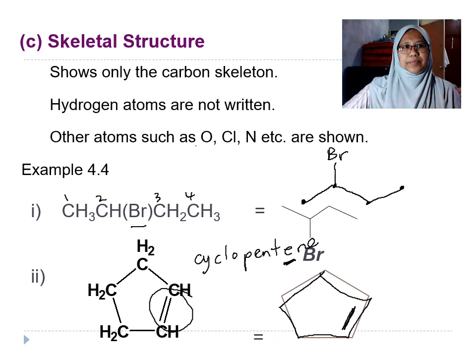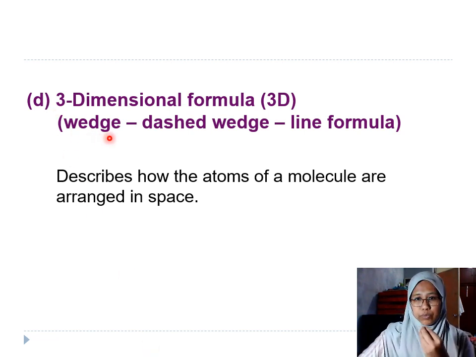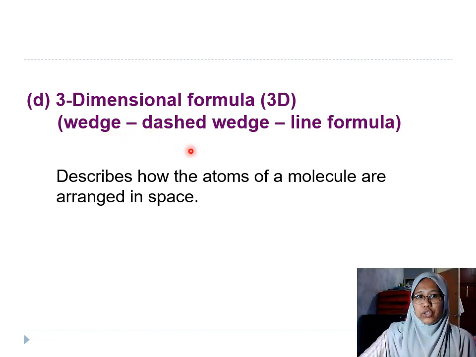Okay, the next part is a 3D structure. So for 3D structure, we have used wedge line before because it moved towards you, dash wedge before because it moved away from you, and also a standard regular line.